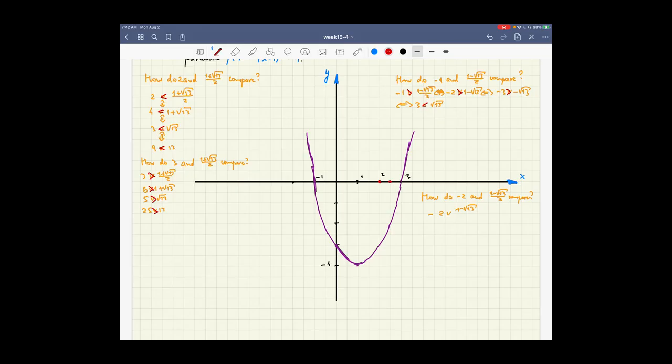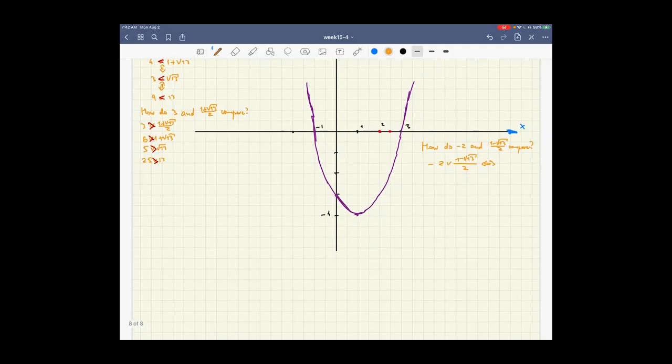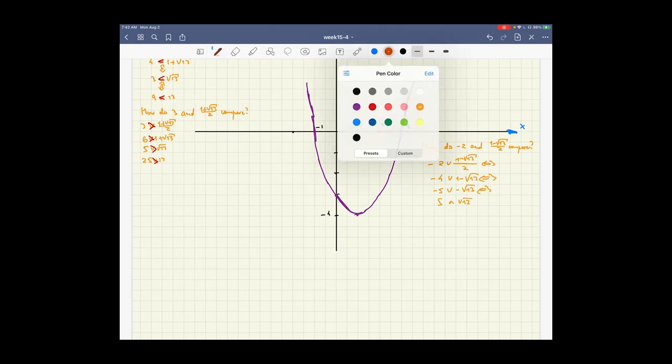Now, how does it compare to negative 2? So we get negative 4 versus 1 minus root 13. So that's negative 5 versus negative root 13, so 5 versus root 13. So of course 5 is greater because 25 is more than 13.